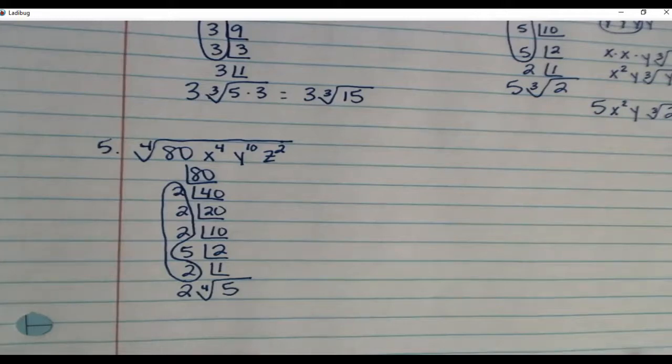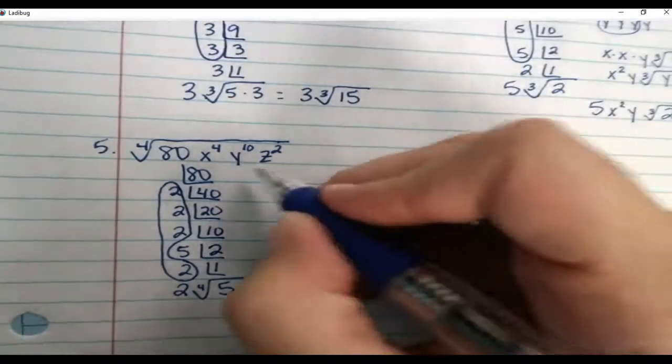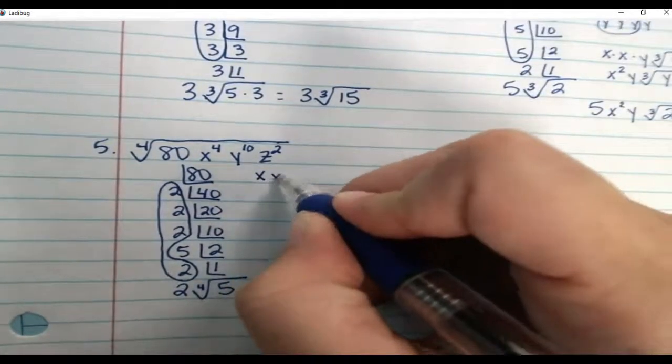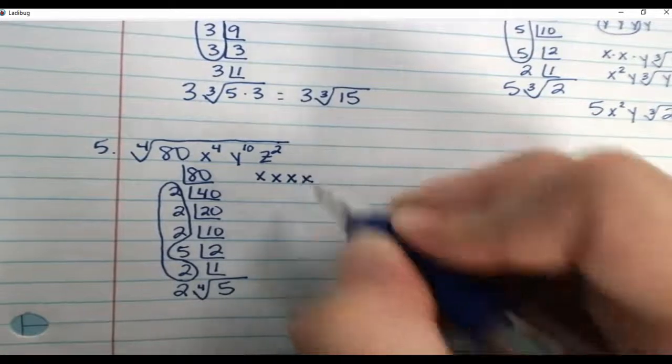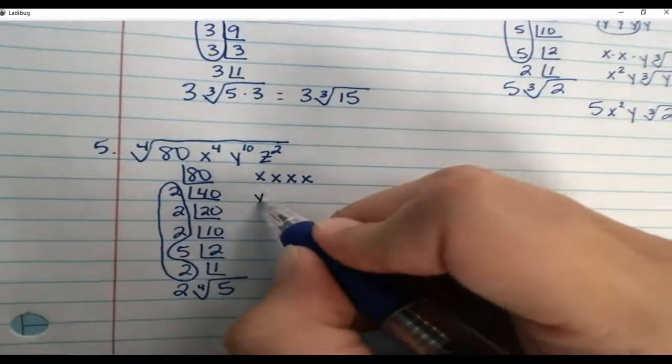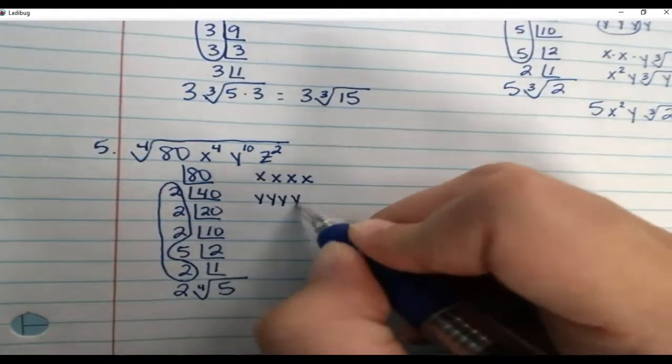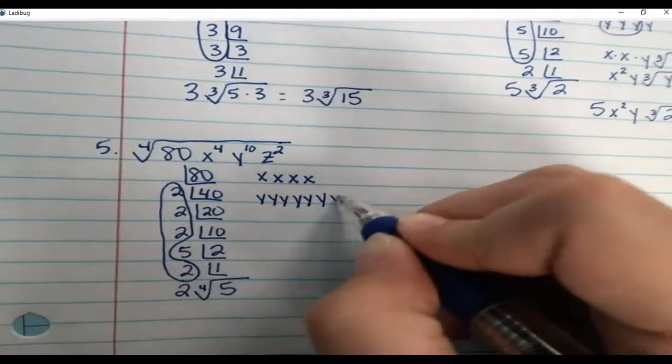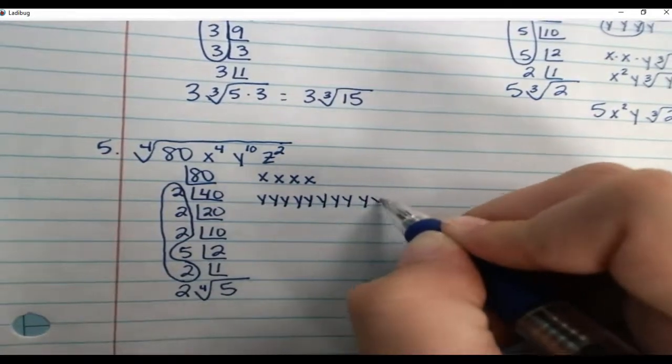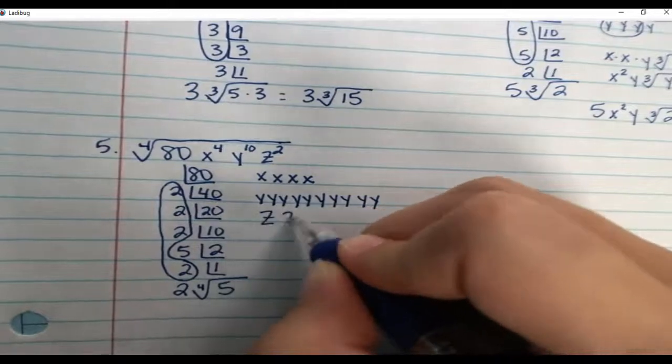Okay. Any questions on the number part? Alright, so let's look at the variables then. So we have 4 x's. We have 10 y's. And we have 2 z's.